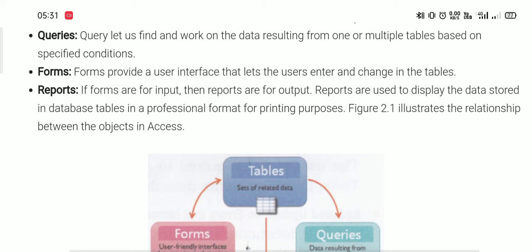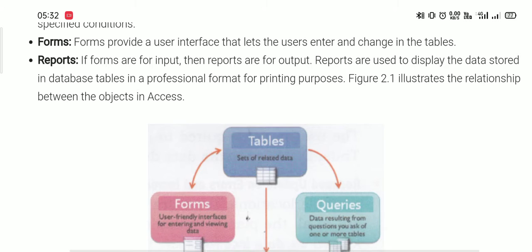Forms provide a user interface that lets users enter and change data in the tables. It means forms give permission to view each and every piece of information inside the database and make changes according to your choice or according to your requirement. Next one is report.